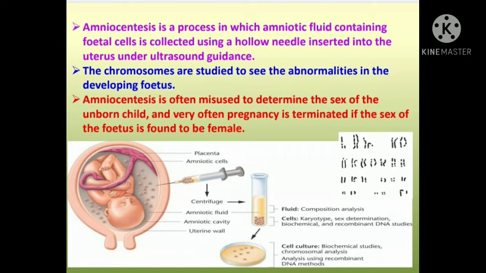Amniotic fluid, which is there in the uterus and protects the baby, contains the fetal cells. It is collected using a hollow needle inserted into the uterus under ultrasound guidance.